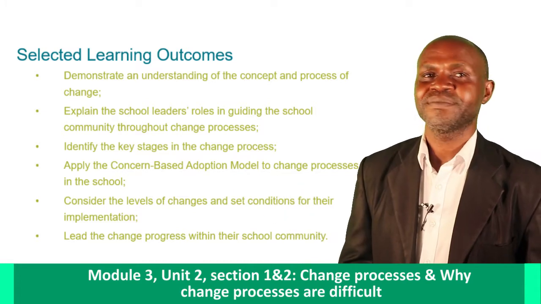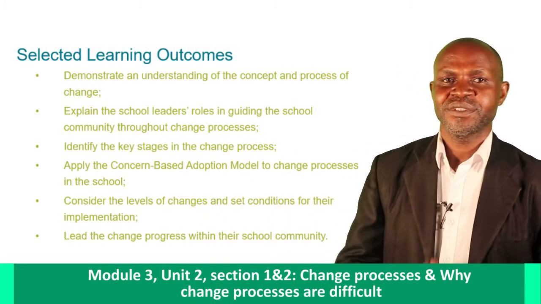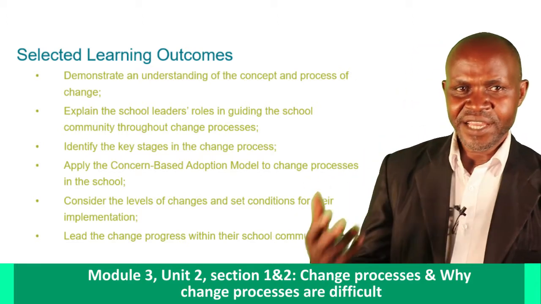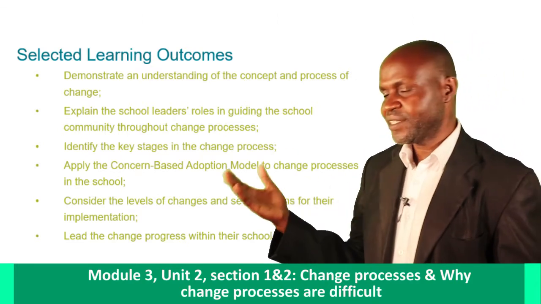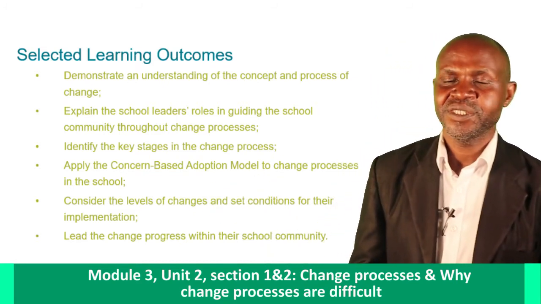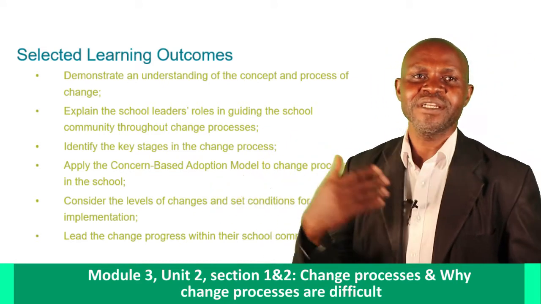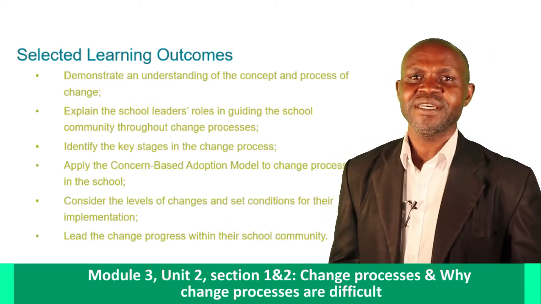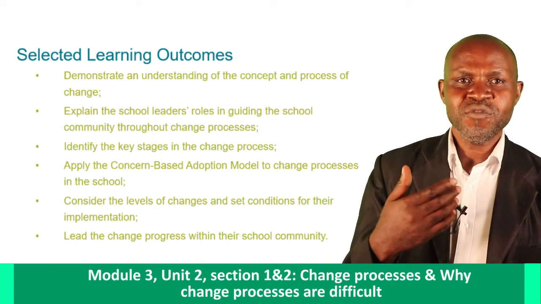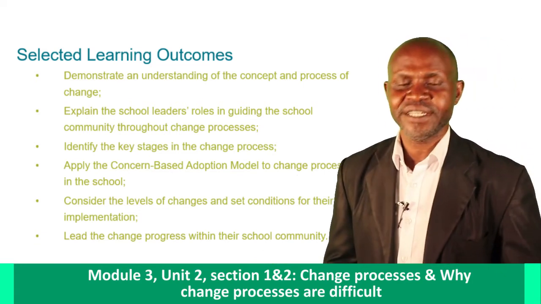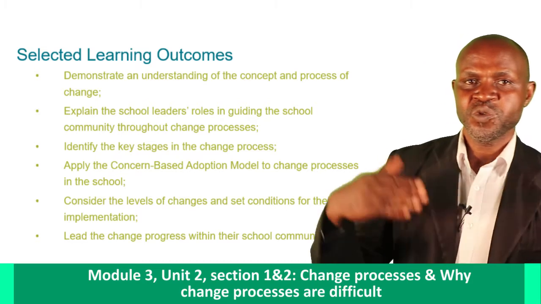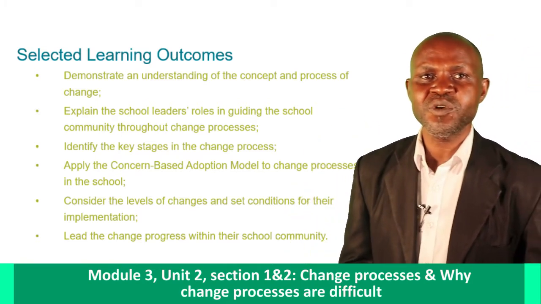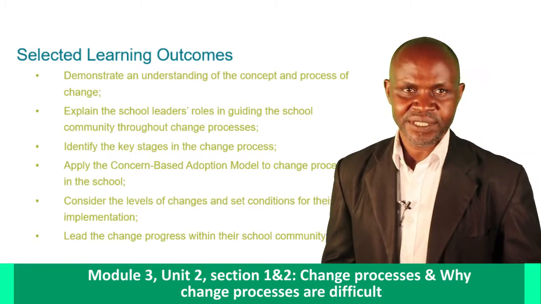Learning outcomes. Dear trainee, as you know, each unit has its learning outcomes that must be achieved at the end. Some of them are worthwhile listing here. Number 1, to demonstrate an understanding of the concept and the processes of change. Number 2, to explain the school leader's role in guiding the school community throughout the change processes.